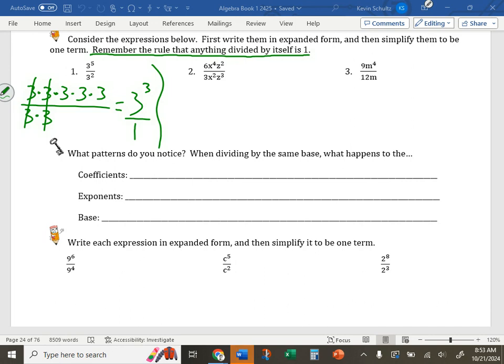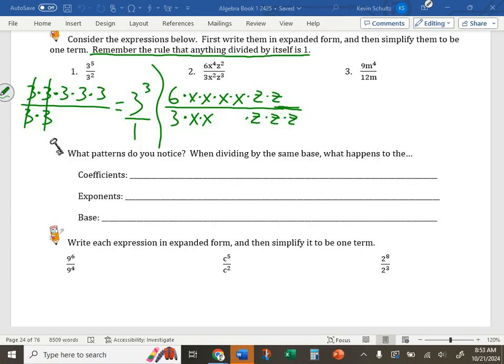I knew it. Okay. Number 2, again, writing in expanded form. In our numerator, we've got 6, and then x, x, x, x, 4 of them, and then 2 z's. In our denominator, we have a 3 as a coefficient, 2 x's, and 3 z's. And again, notice how I'm intentionally writing this out, putting my x's beneath other x's, my z's beneath other z's.